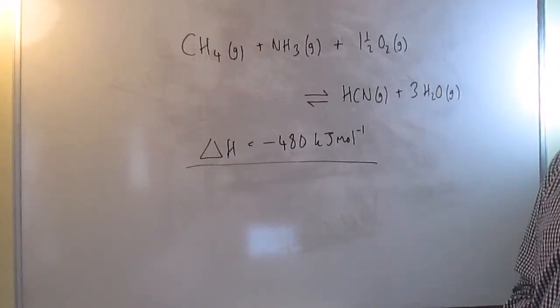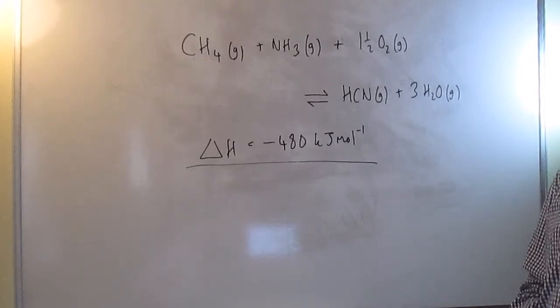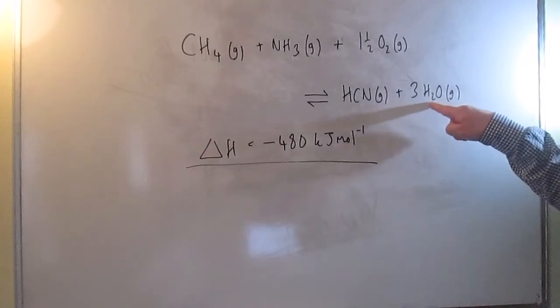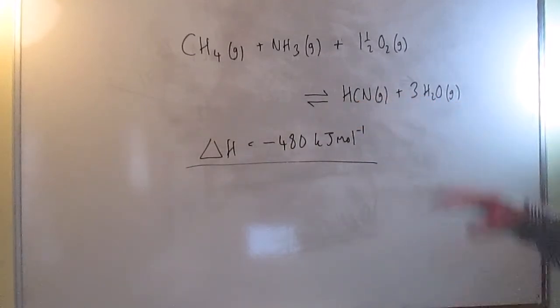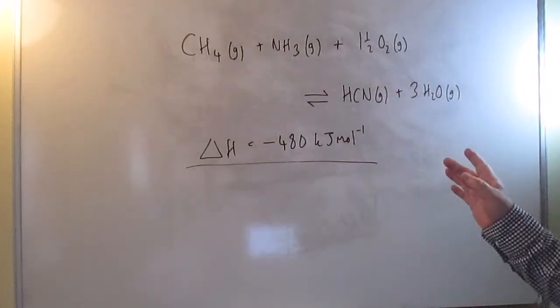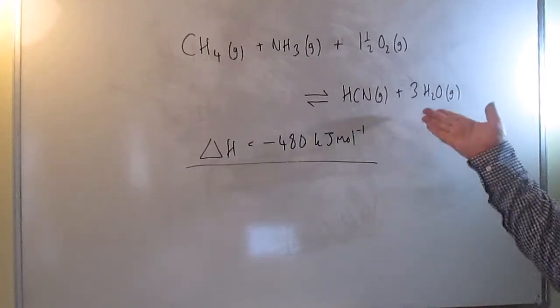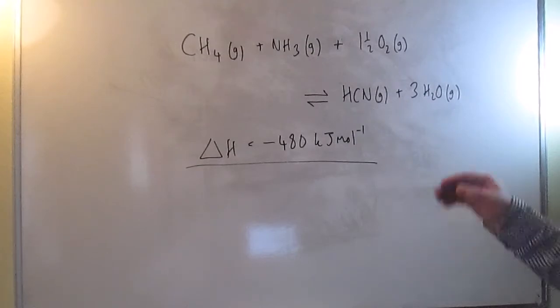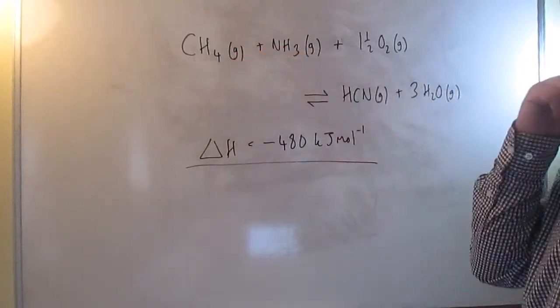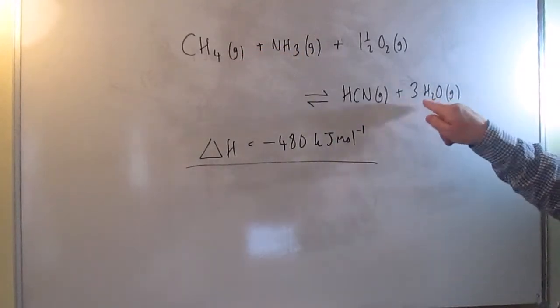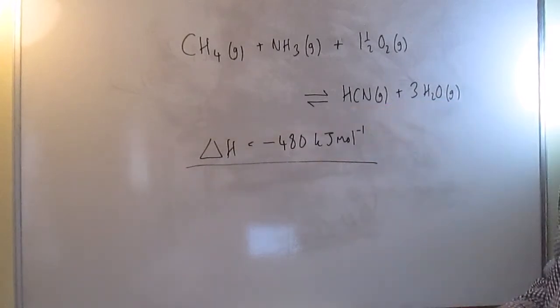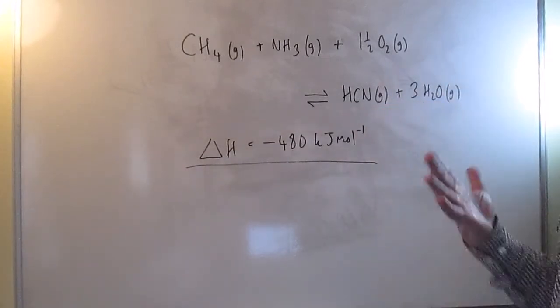So definitely not C. And if we inject additional steam, well, steam is here on the same side of the equation as HCN, so if we put more steam in, it will shift in the direction that uses up steam, that tries to oppose the increase in steam concentration, so that means it will shift in the backward direction, and of course that will not just use up some of the extra steam, it will also use up HCN, so the HCN amount will decrease.